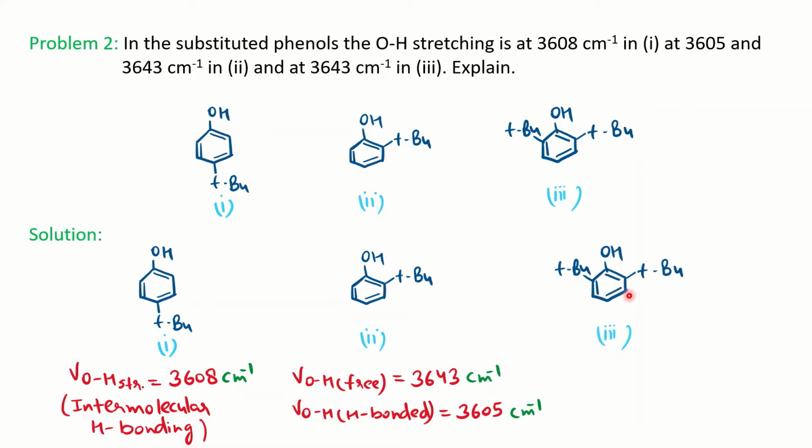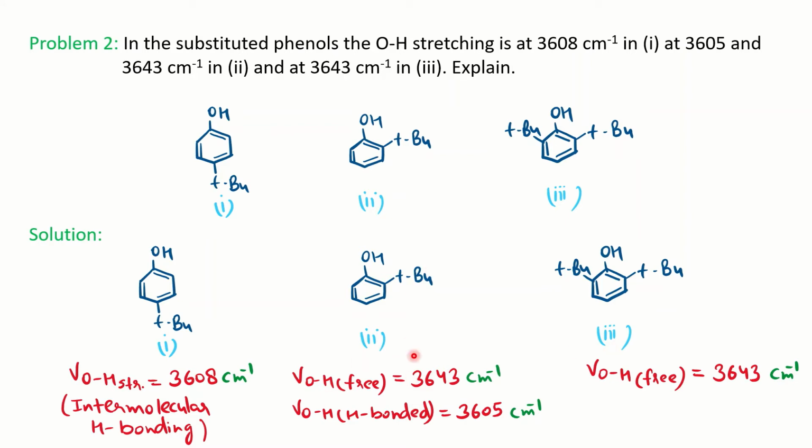While in the third case, both ortho positions are substituted by bulky groups, so huge steric crowding is there. So another molecule of the same kind cannot come closer and form hydrogen bonding. The intermolecular hydrogen bonding is restricted here, and therefore you will get a peak only for free OH, that is 3643, a very sharp intense peak, since the hydrogen bonding is prohibited because of the presence of the bulky groups in the third structure.